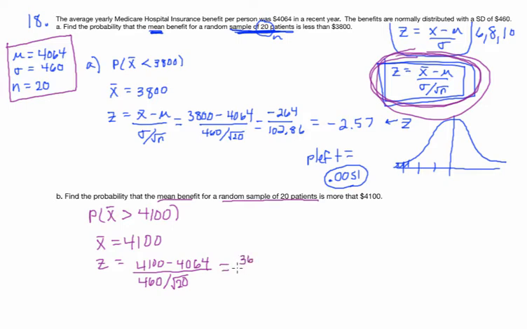I type the top into my calculator, then I type the bottom into my calculator, then I divide them, and I get a z-score of 0.35.